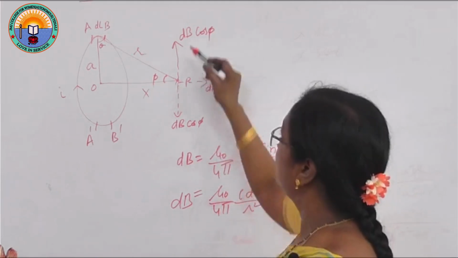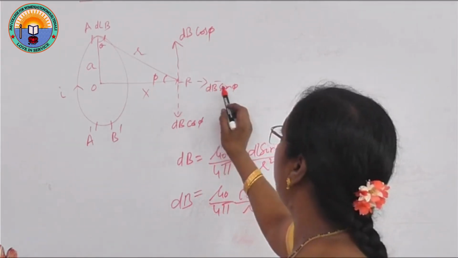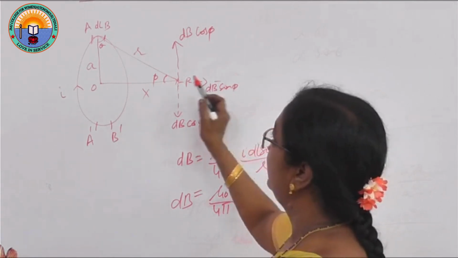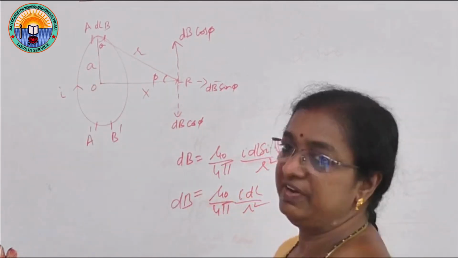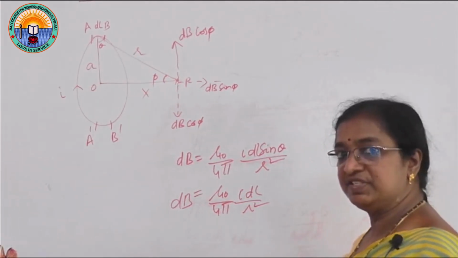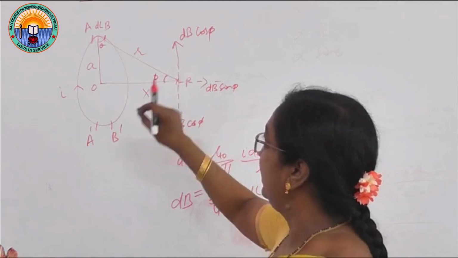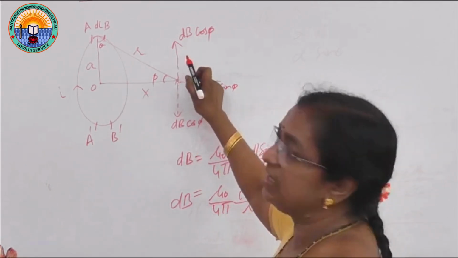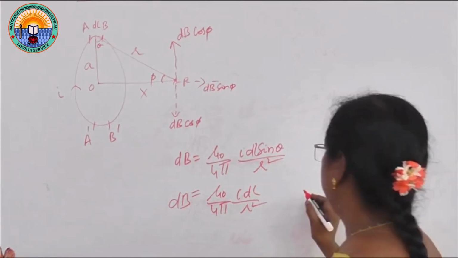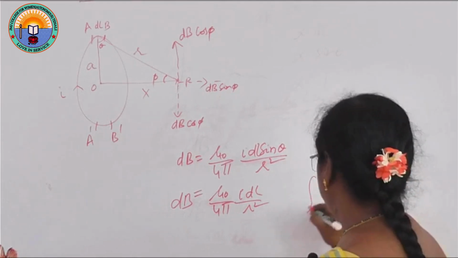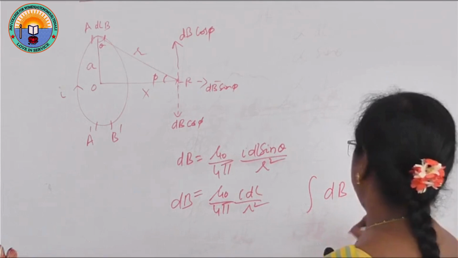So the vertical components get cancelled and the horizontal components remain. Similarly, if we consider the whole coil as a number of small elements, each element produces the same magnetic induction dB, and all the vertical components get cancelled and the horizontal components will be added. So the magnetic induction is given by dB sin phi.